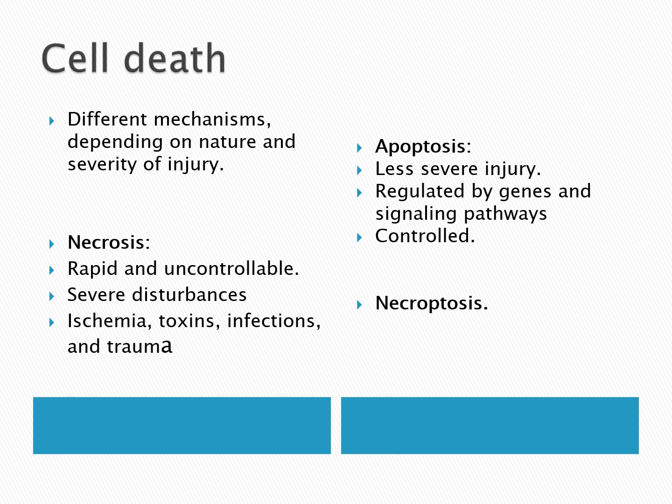The other pattern, which is apoptosis, usually is more controlled, more regulated by genes and signaling pathways, and usually happens when the injury is less severe, like, for example, sun-induced injury, growth factor deficiency, for example, and we can use the pattern of death by apoptosis.